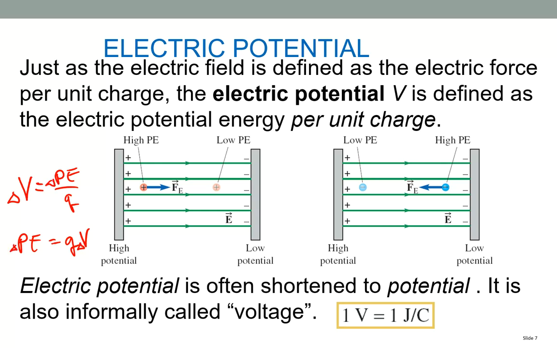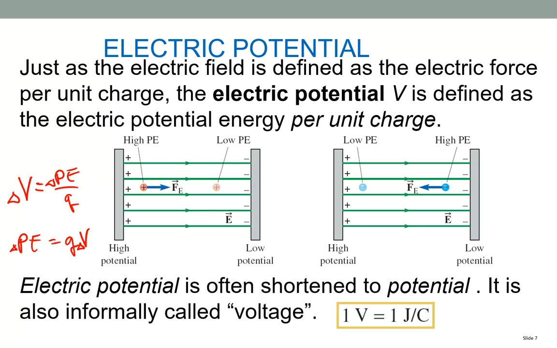So anytime you talk about potential energy, it's always with respect to a reference point. Thus, anytime you talk about electric potential, it's in reference to some reference point. Now, in terms of units, the symbol for electric potential is V, and the unit for electric potential is V. Isn't life good?